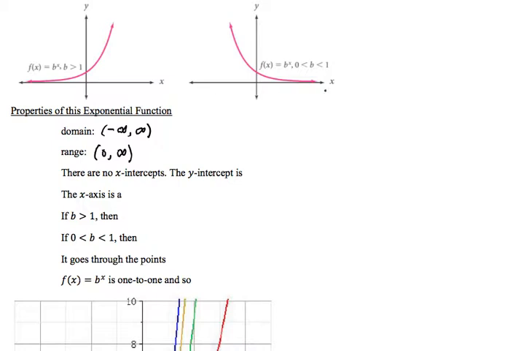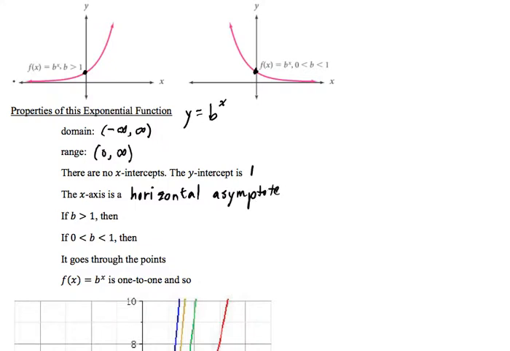They never touch the x-axis, so there's no x-intercept, but the y-intercept is the same no matter what, as long as you have a function of the form b to the x without that coefficient c, because b to the 0 is always 1. The x-axis is always going to act as a horizontal asymptote.